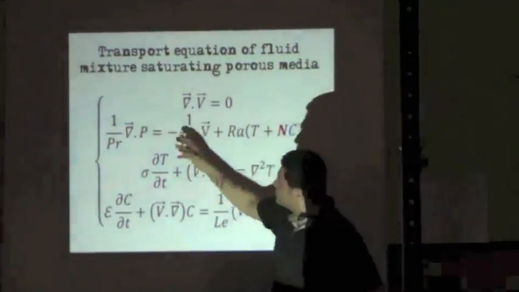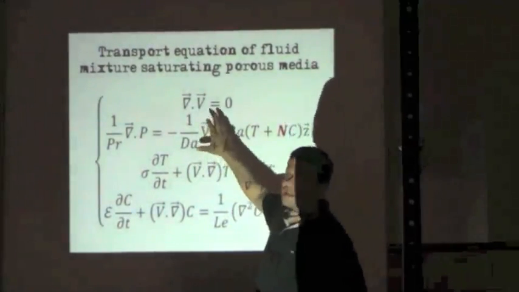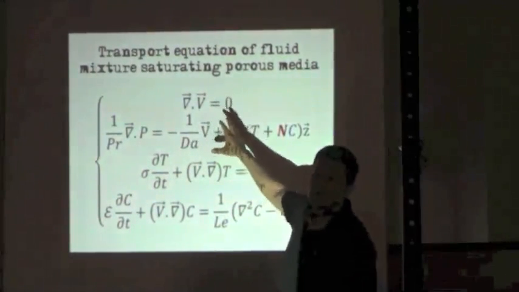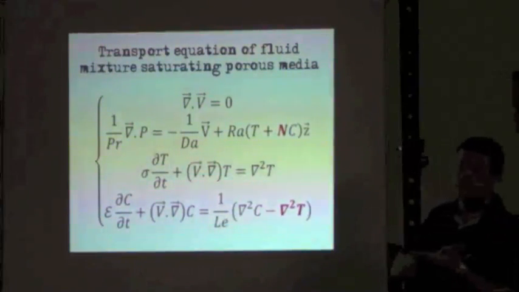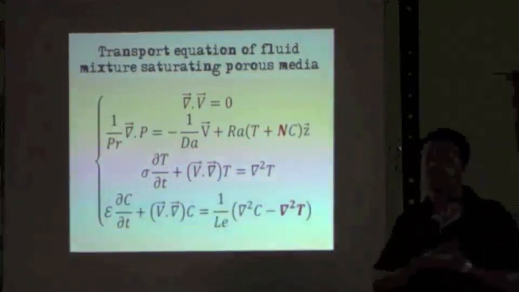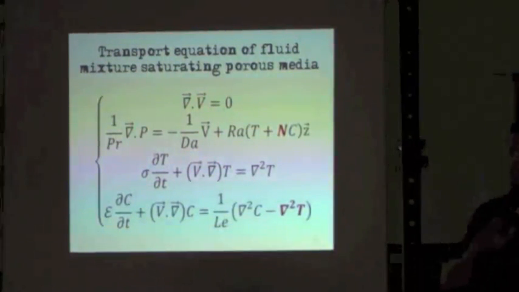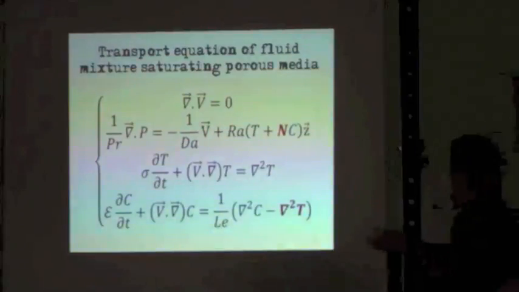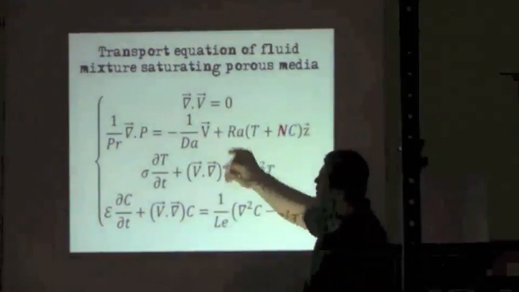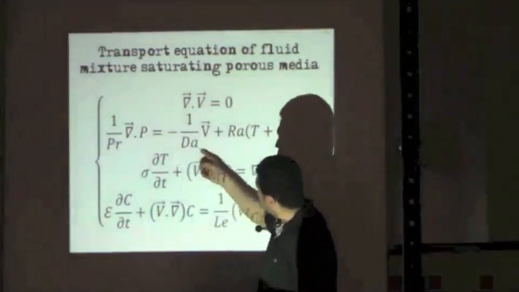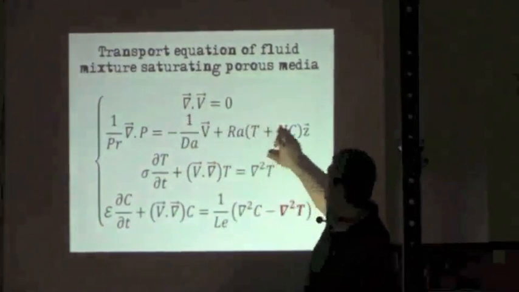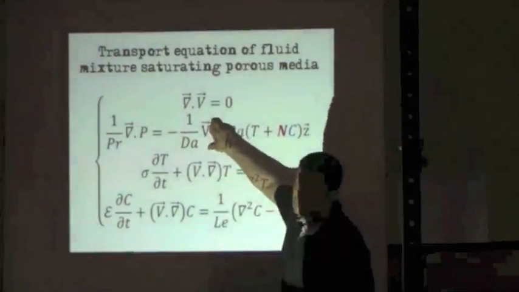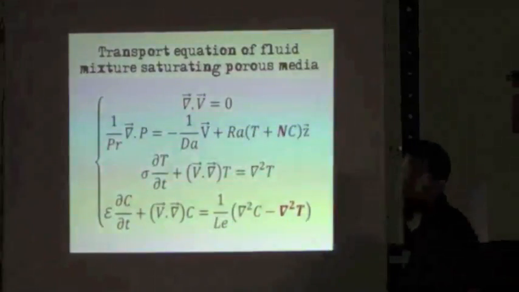Generally, in the Navier-Stokes equation, we have a term of the stress tensor, which quantifies the shear stress. In Darcy media, this tensor is negligible, but we have the Darcy number here. Here we have the filtrating flow, so we have a combined equation between momentum and the Darcy model.